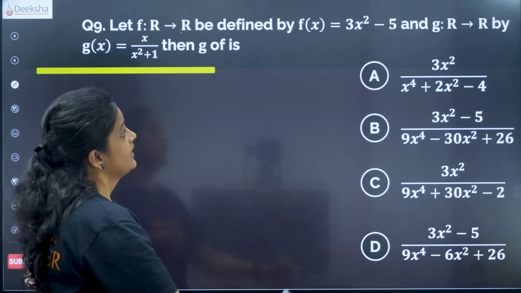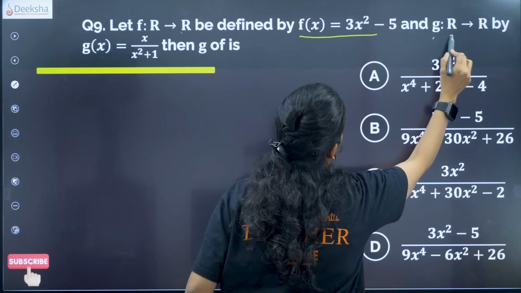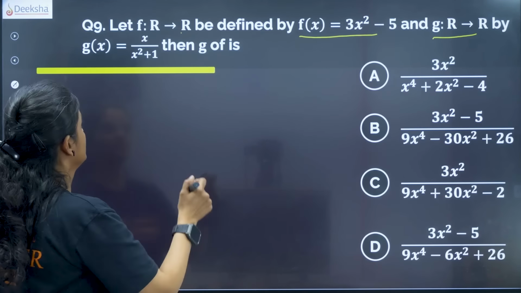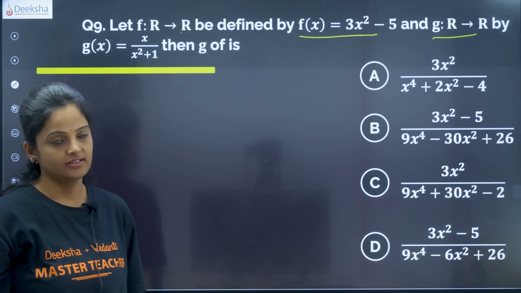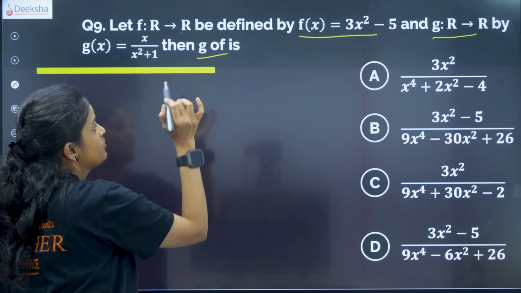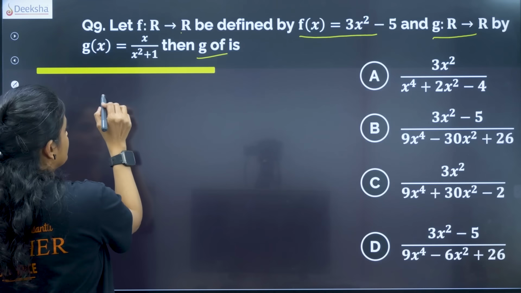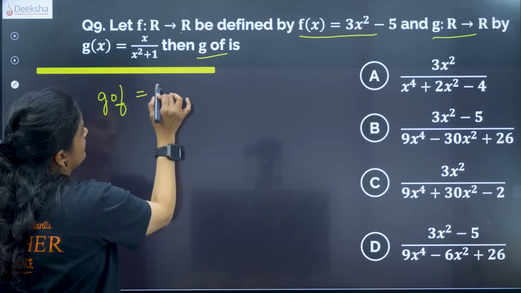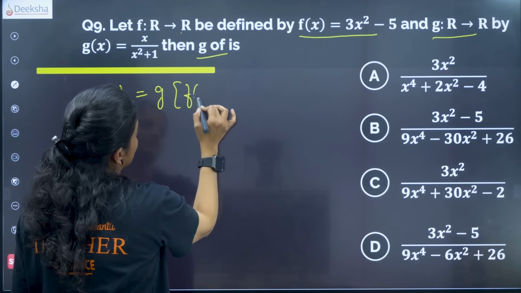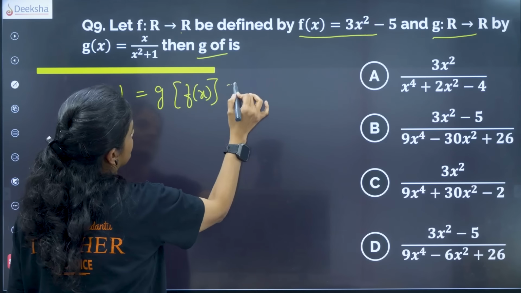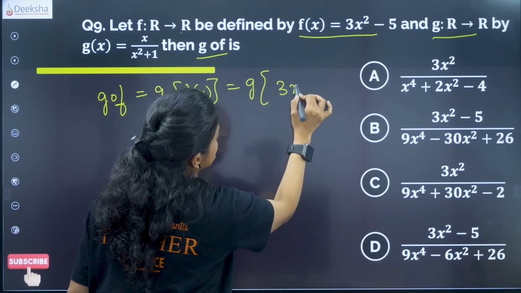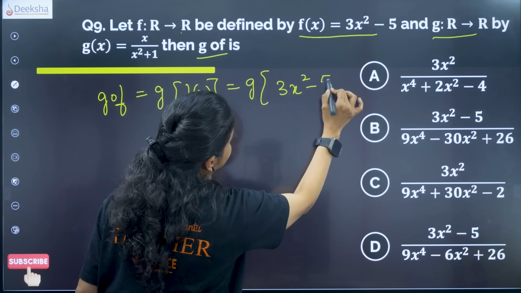Next question. f of x is given. f is from R to R, g is from R to R. There is no restriction, right? Real to real. And the function is given like this. Now they are asking you the composite function g of f of x, that means g of 3x square minus 5.